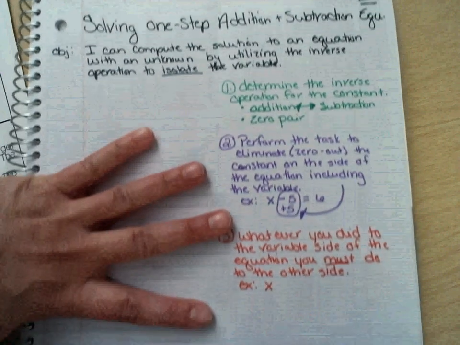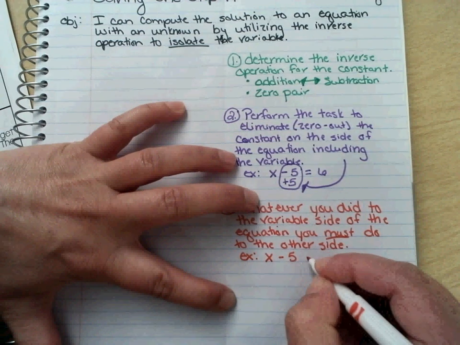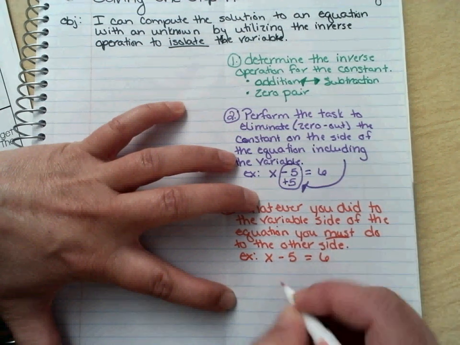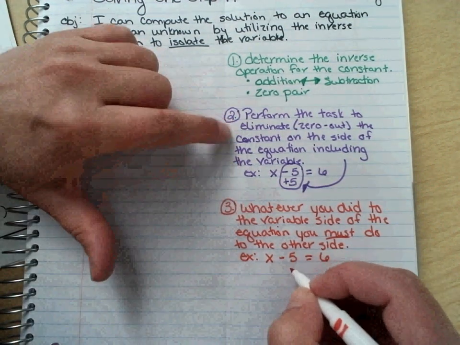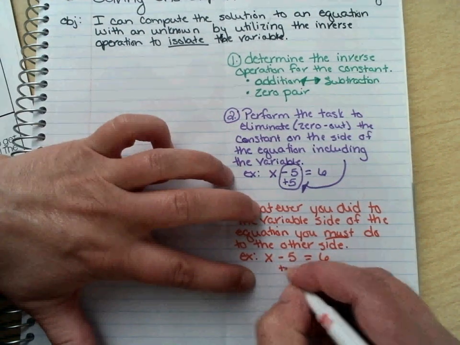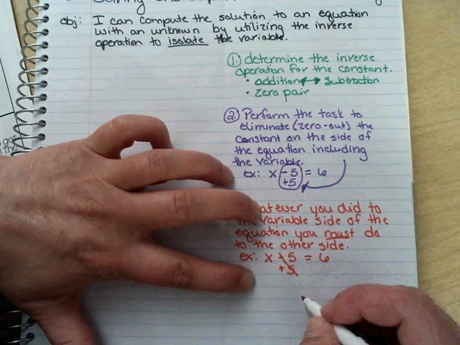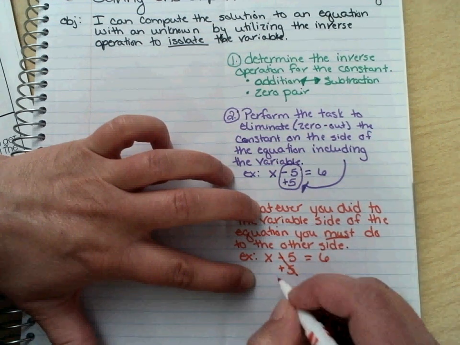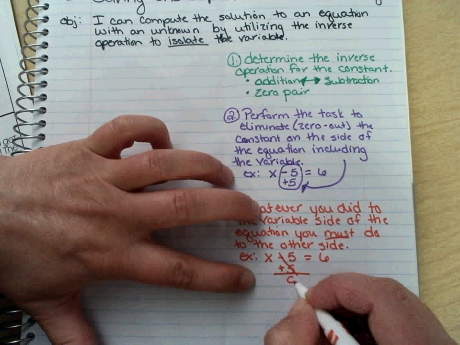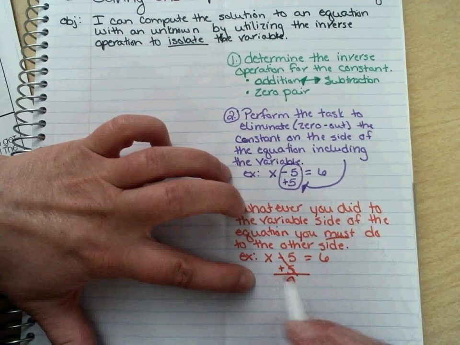So an example of that is just like above. I said x minus 5 equals 6. Well, my whole thing here was to get this zeroed out, to cancel it out. So I had to add 5 to make this a 0 pair, which makes that 0. So it essentially just cancels it out. I did that to this side of the equal sign.